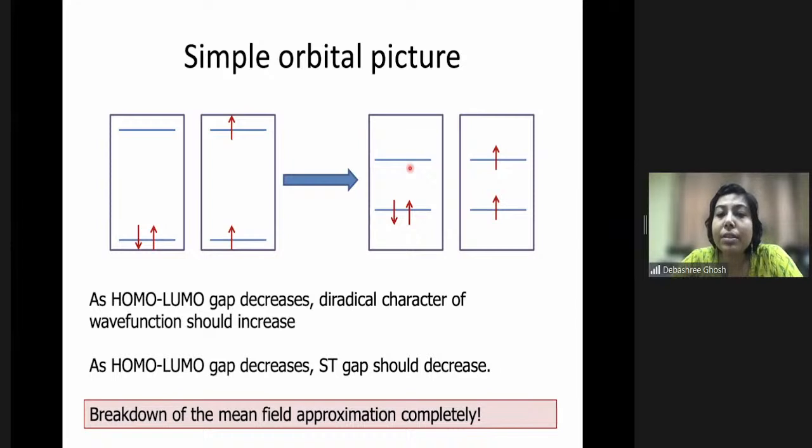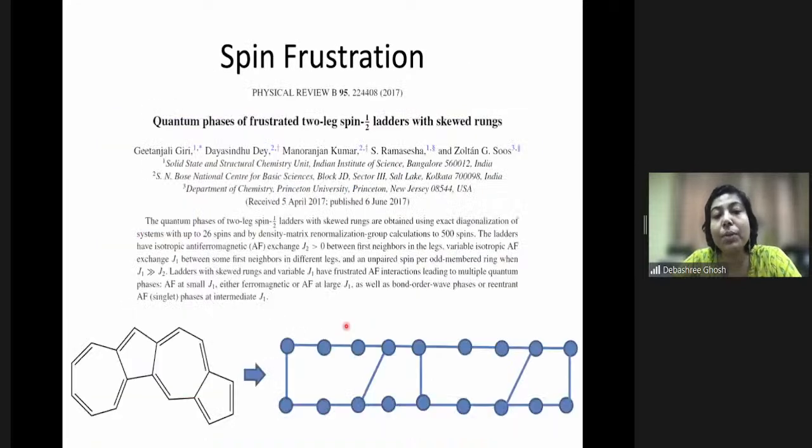So now the electron can hop to the next available orbital much more easily. So one would have expected from this picture that as the HOMO-LUMO gap decreases, the diradical character of the wave function should increase, and similarly the singlet triplet gap should decrease. But that's not what is going on, as we saw from the previous slide. So essentially the mean field approximation is completely breaking down.